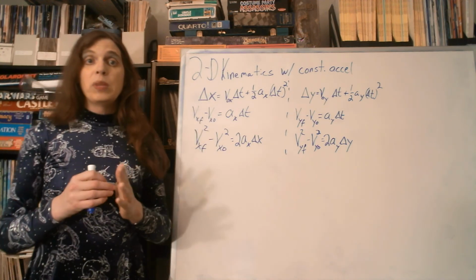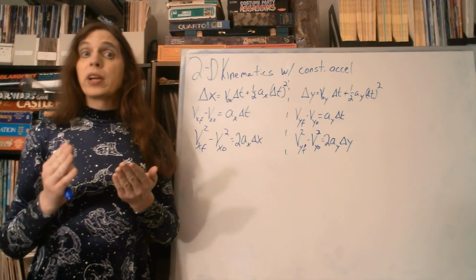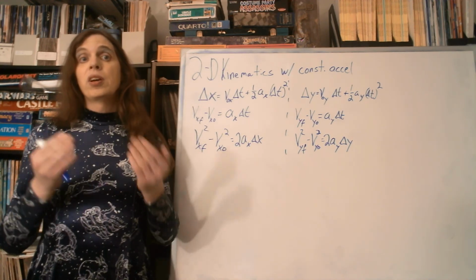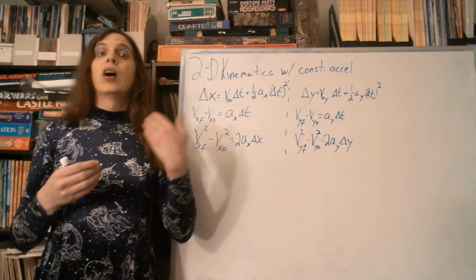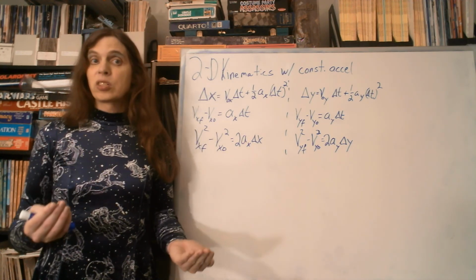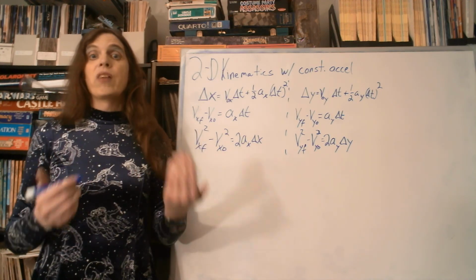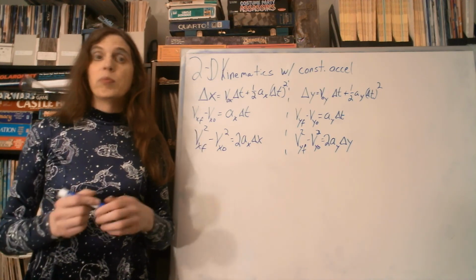So this means we can break up position vectors into an x component and a y component, a velocity vector into an x component and a y component, and an acceleration vector into an x component and a y component.